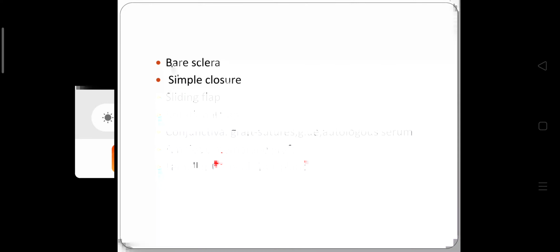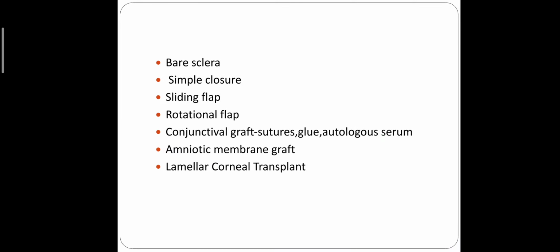So when do we do amniotic membrane graft? The best one is to use a conjunctival autograft, but in certain cases where you have already done a conjunctival autograft and there is recurrence, then there is no conjunctiva left to take the graft.